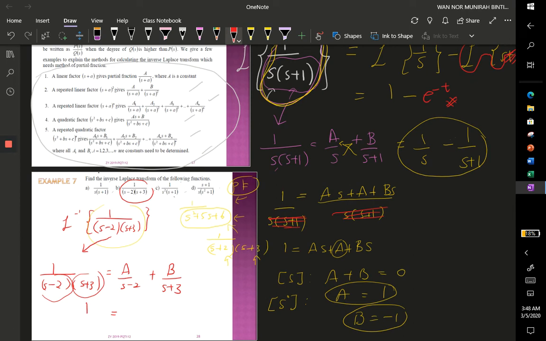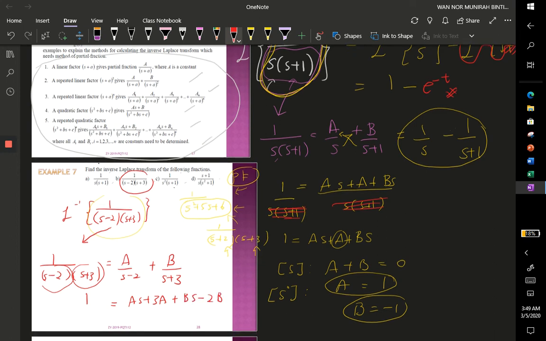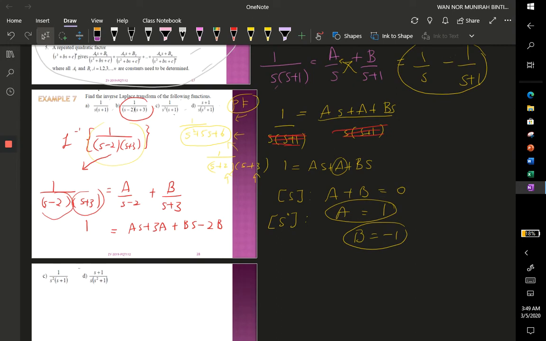I have 1 equals AS plus 3A plus BS minus 2B. So I continue, I collect the same terms. For S, I have A plus B equals 0. For S to the power of 0, or just the constant, I have 3A minus 2B equals 1.